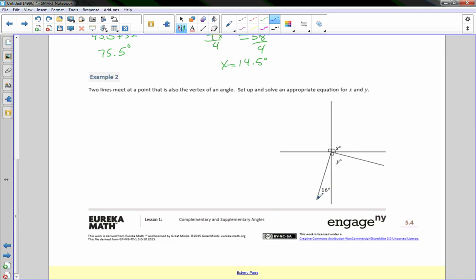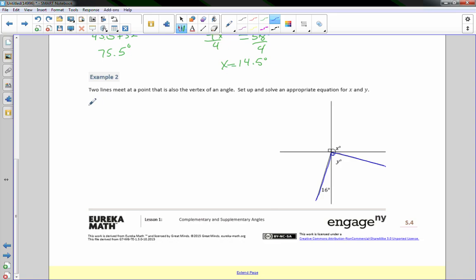But if you look right here, in order to find y, we can use this portion. That is a 90-degree angle because it's the right angle there. So this angle here, that's 16 degrees, and the angle that's called y is right here. That is complementary to 16, or it's a complement of 16 degrees because they add up to 90.